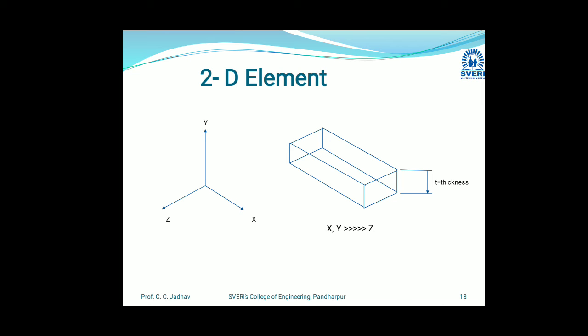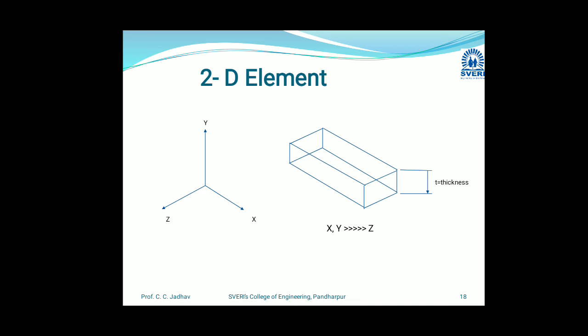Next type of element is the two-dimensional element. Now you can see here, this is one of the examples. Two-dimensional means two dimensions are very large compared to the remaining one. Here x and y are far greater than the z dimension, so that is called two-dimensional. In this two-dimensional element, the shape is quadrilateral or triangular. Additional data from the user: there is nothing.